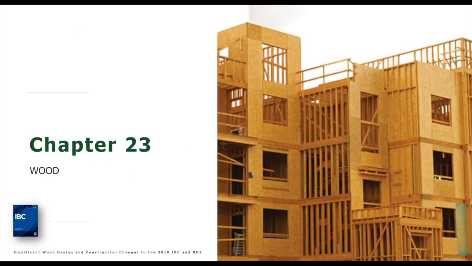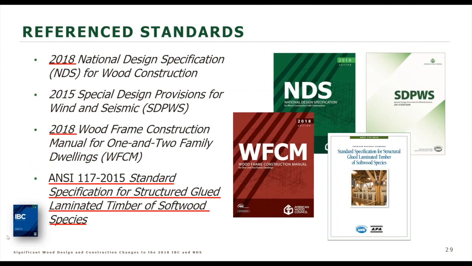Now into chapter 23, the wood chapter. We would see that our reference standards have now been updated, and you'll want to update your notes and specifications. We have the 2018 NDS. And as I mentioned previously, we still have the 2015 Special Design Provisions for Wind and Seismic.